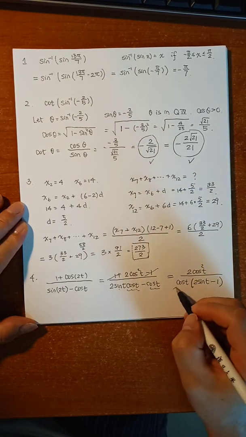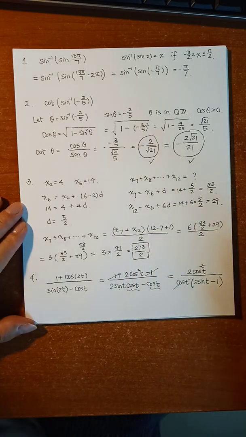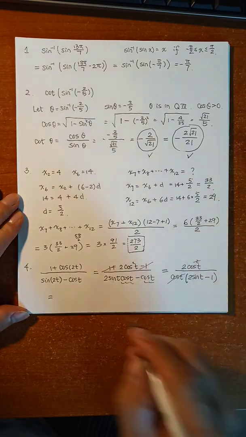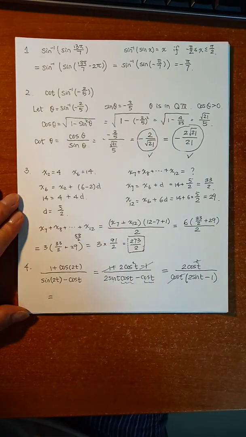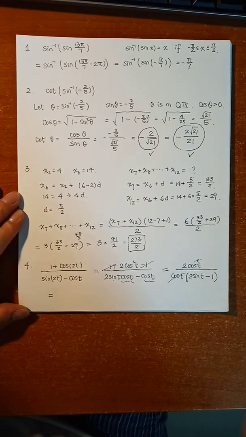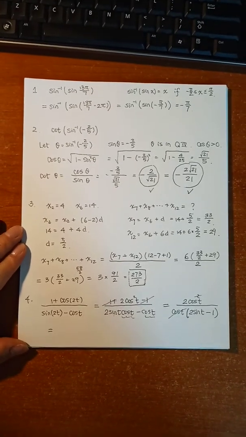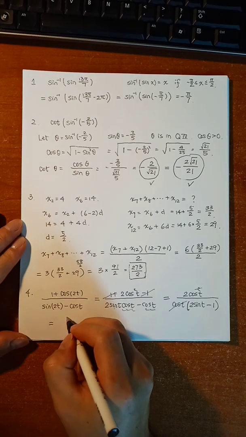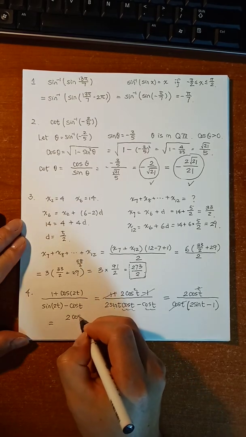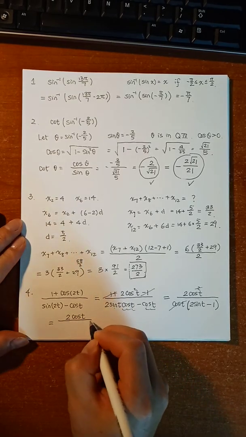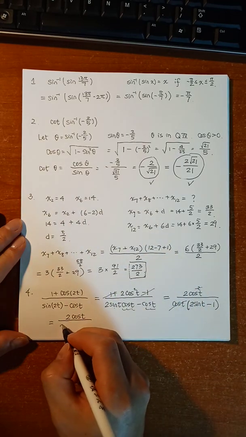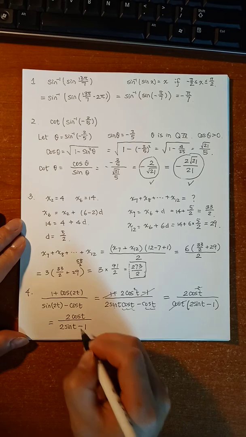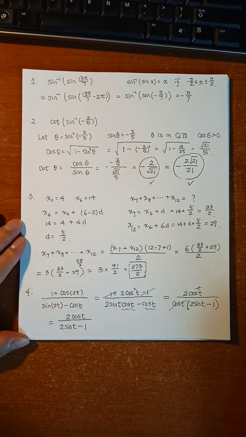And then you cancel one copy of cosine t from top and bottom, you get 2 cosine of t over 2 sine t minus 1, and that's it.